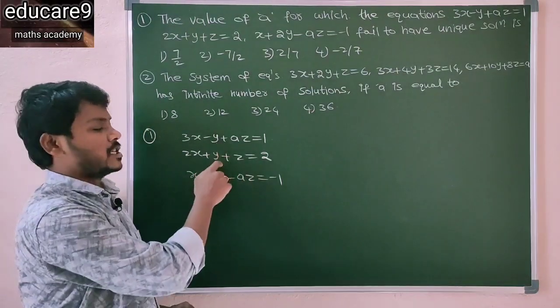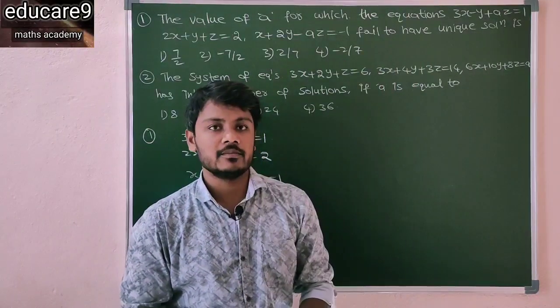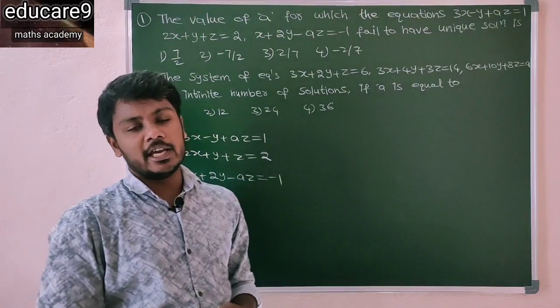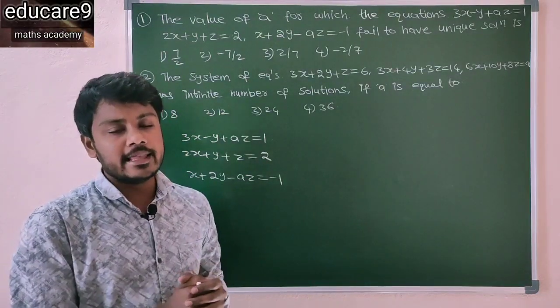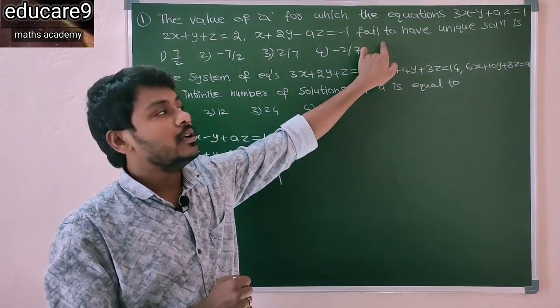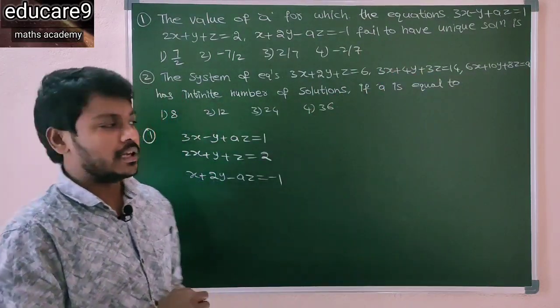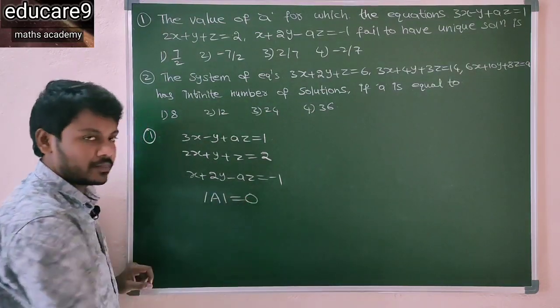So these three equations fail to have a unique solution. So it means determinant of A is 0. If determinant of A is not equal to 0, then it has a unique solution. But here it is not a unique solution. So therefore determinant of A is equal to 0.